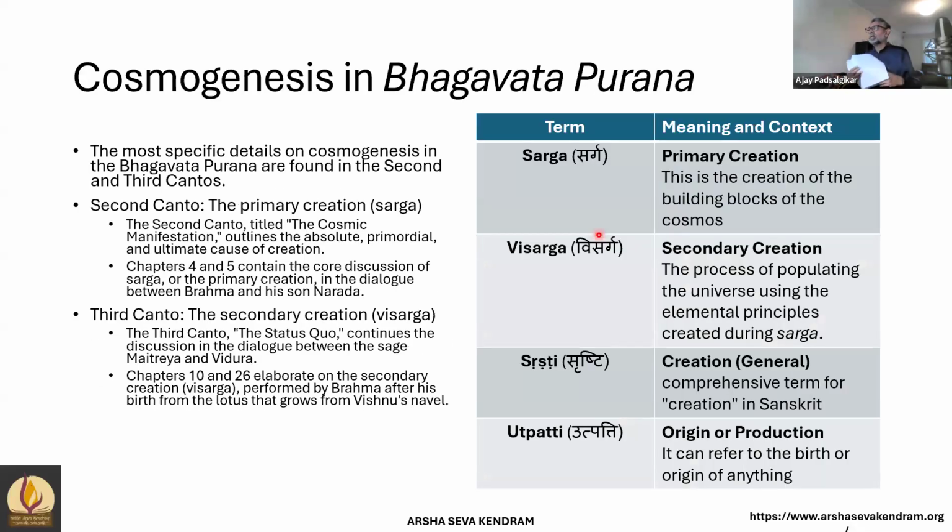So one of the things it talks about in the second canto is cosmogenesis, the creation theories, the creation stories that are found in the Bhagavata Purāṇa. The second canto is titled The Cosmic Manifestation. In every aspect, it combines the spiritual and phenomenal aspects of the universe.